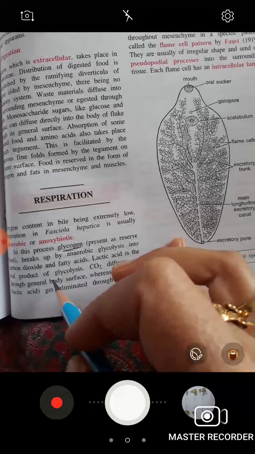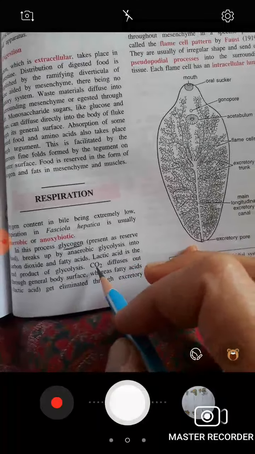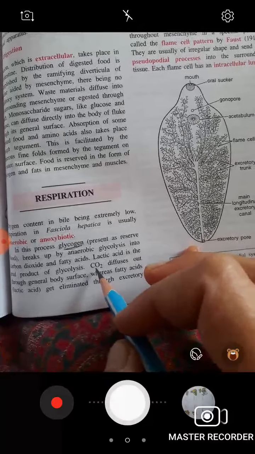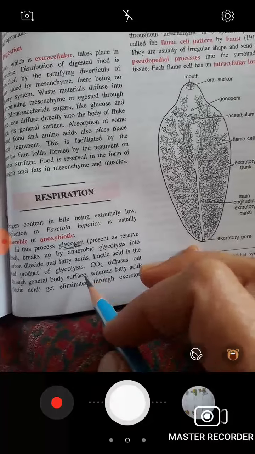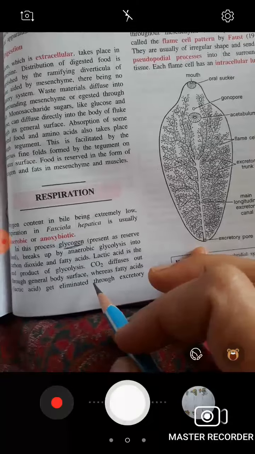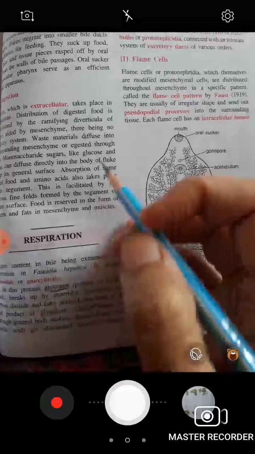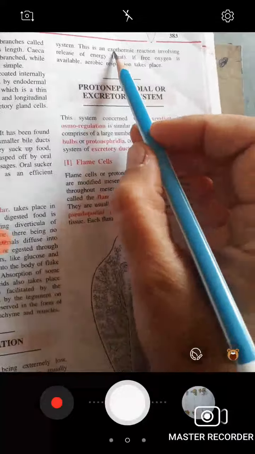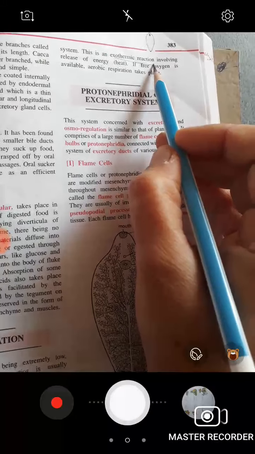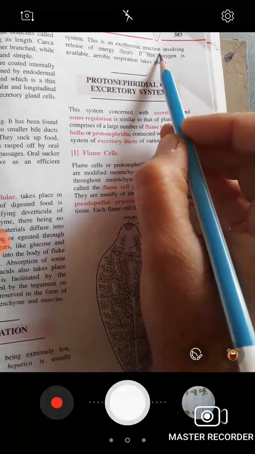Lactic acid is the end product of this process, while CO2 is released by diffusion through the general body surface, whereas fatty acids get eliminated through the excretory system. This reaction is an exothermic reaction because it involves the release of energy.